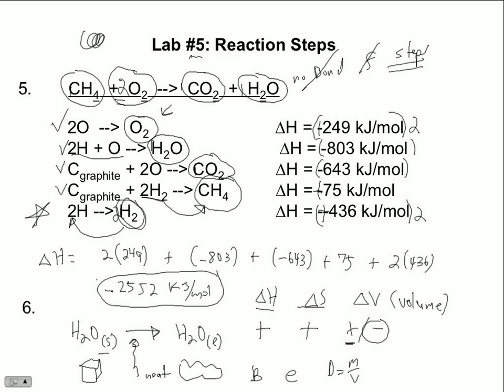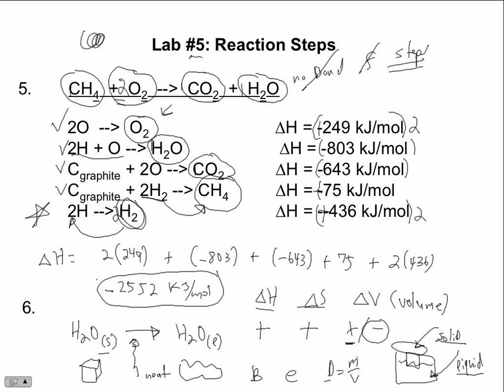Density is defined as mass over volume. We know that an ice cube will actually float on its liquid form. Okay, this is the solid, and this is the liquid. What that means is the solid form is less dense than the liquid form.